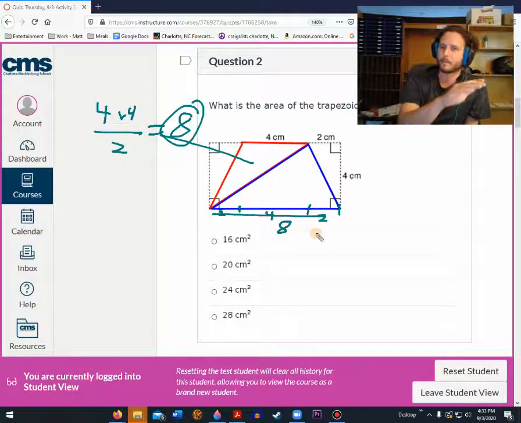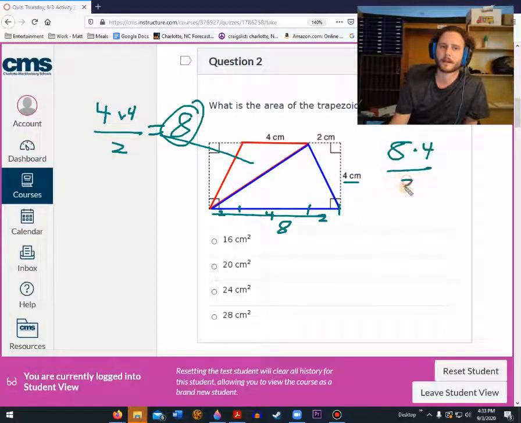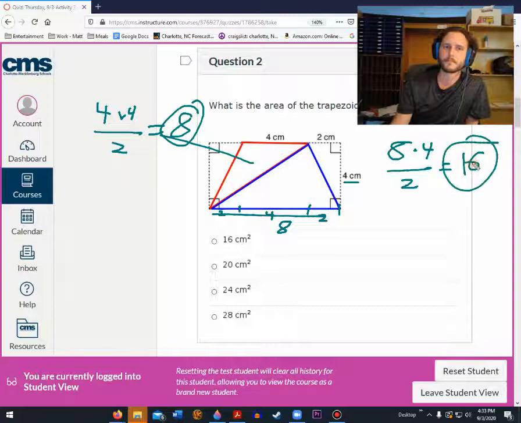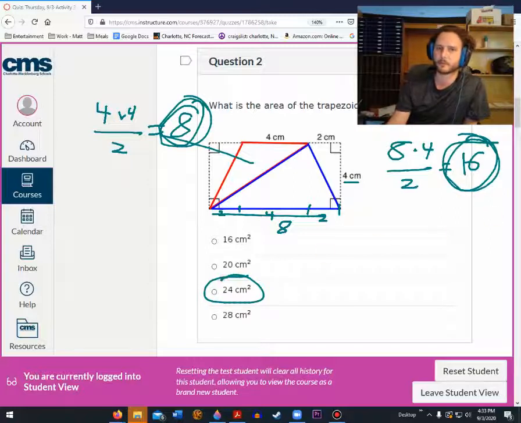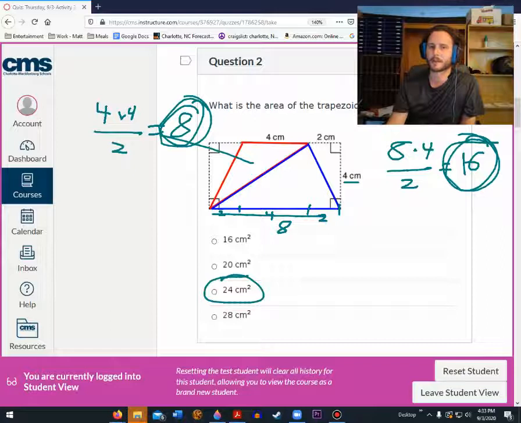So we can use the base of that triangle, 8 centimeters, times the height, which we know to be 4 centimeters, and do 8 times 4 divided by 2. 8 times 4, of course, is 32. Divided by 2 is 16. Adding these 2 amounts is still going to get you 24. It doesn't matter which way you chose to solve number 2. Either one is going to work, and both will get you the correct answer.